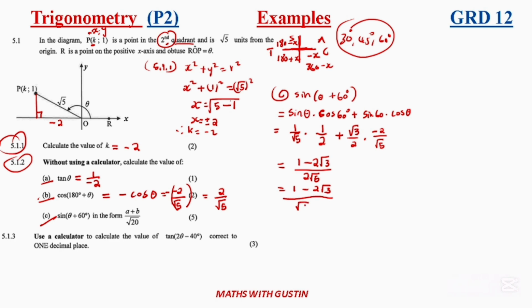Before it became like this, it was the square root of 4 times 5, which is square root of 20. If you take your calculator and say square root of 20, it gives you 2 square root of 5, which makes sense. Great. So moving right along, let's move to 5.1.3.